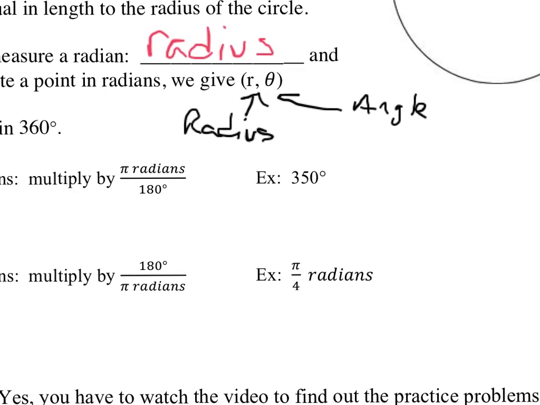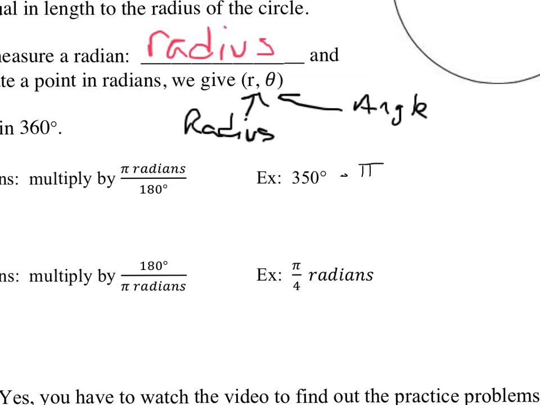So, we take our degree measurement and we multiply it by pi over 180. And all it means is we have to reduce 350 over 180, and that reduces down to 35 pi over 18. And this is where having a calculator that will do fractions and reduce fractions for you will come in handy for some of these weird degree measurements.